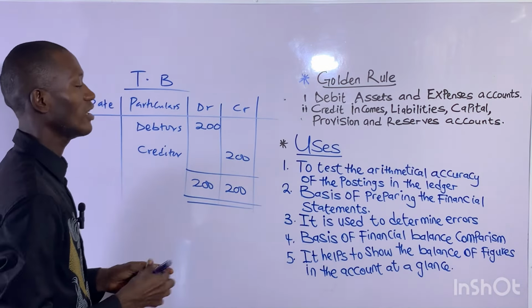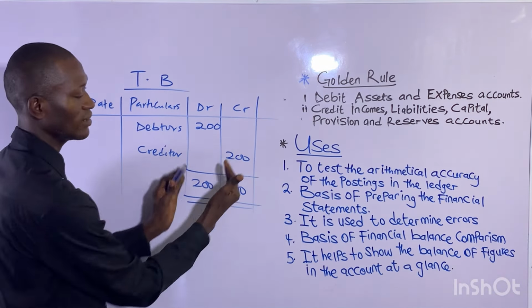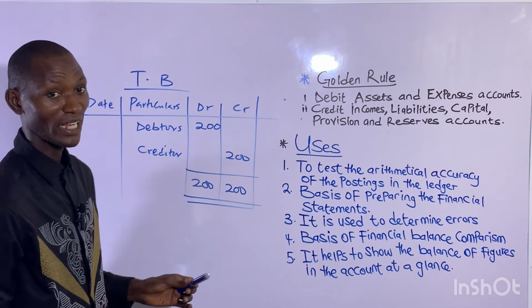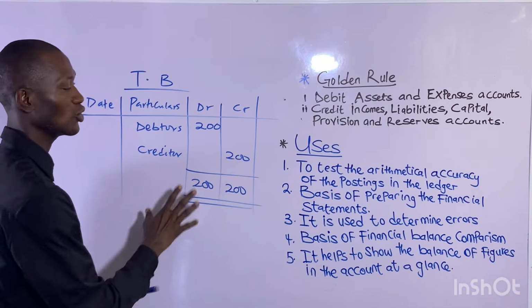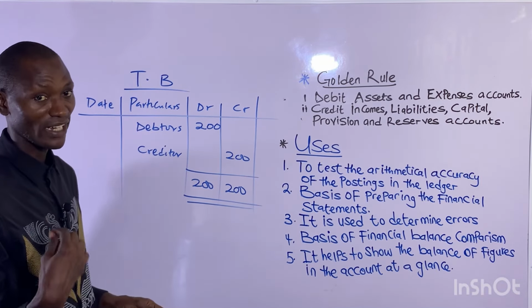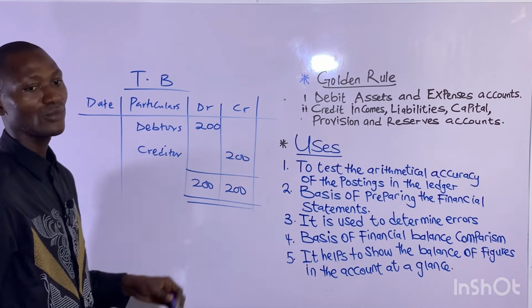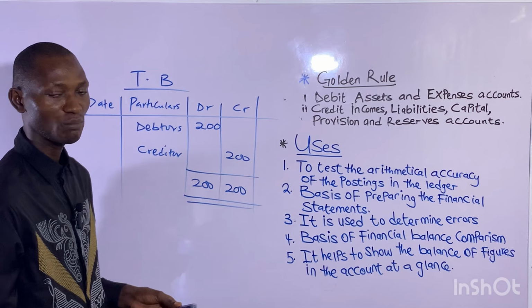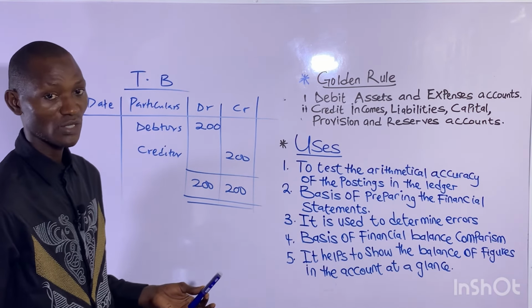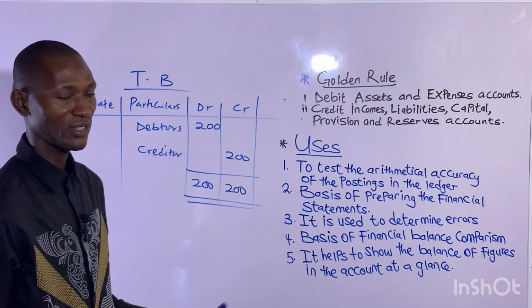So in this case, the two sides of the trial balance are equal, and this doesn't mean there are no errors. There are errors, but those errors will not be shown by the trial balance. And those errors are what we have listed earlier on: error of omission, error of commission, error of principle, error of original entry, error of complete reversal of entry, and compensating error.